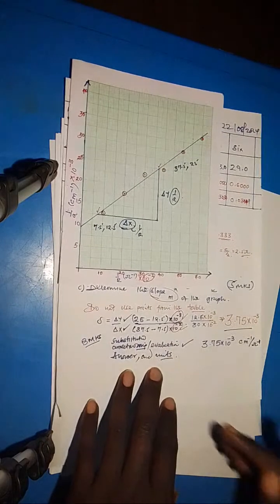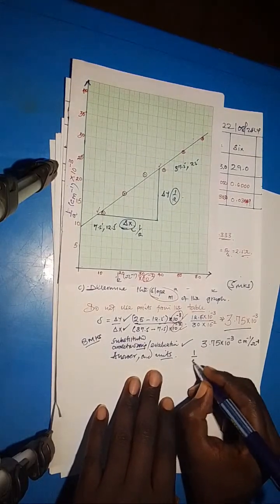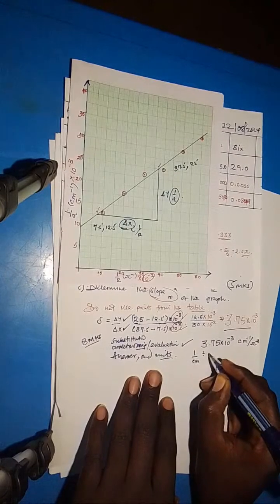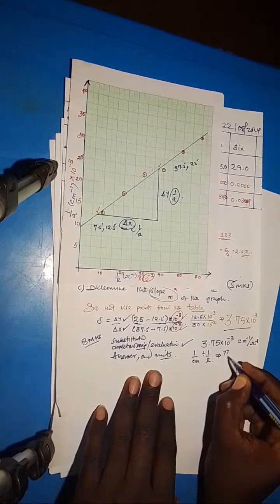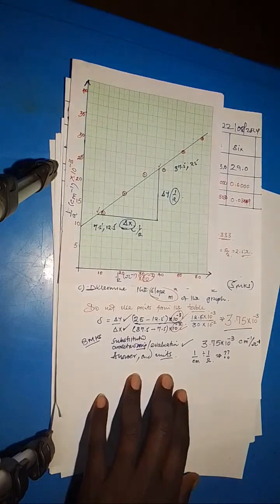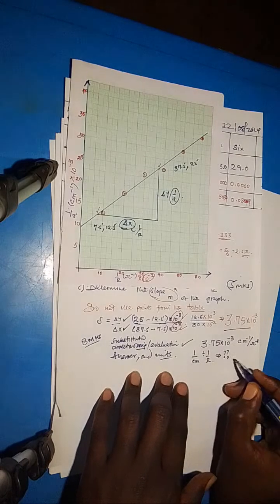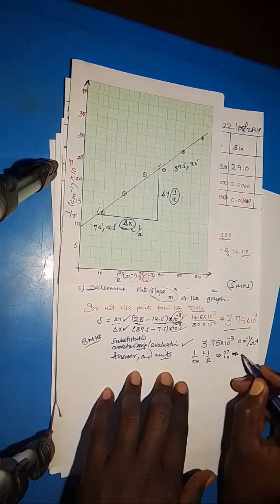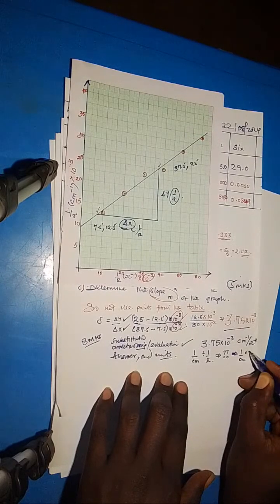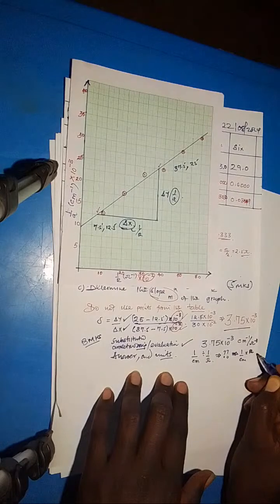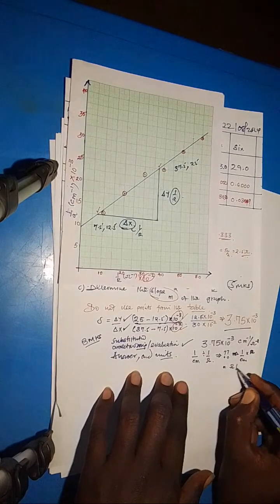Anyway, you can ask yourself, 1 over a centimeter divided by 1 over ohm, what do you get? This simply will take you to 1 over centimeter times ohm, which is like ohm per centimeter.